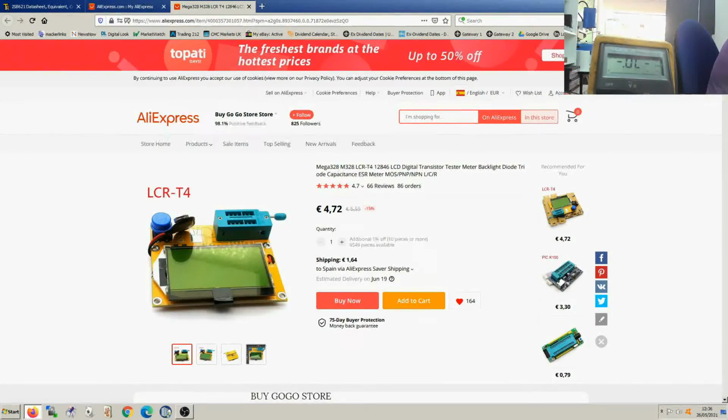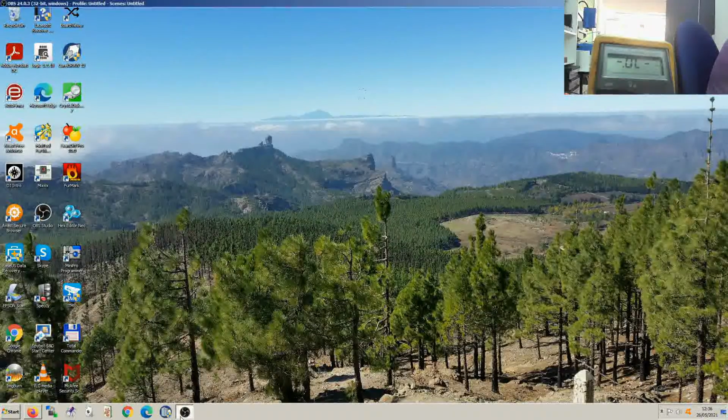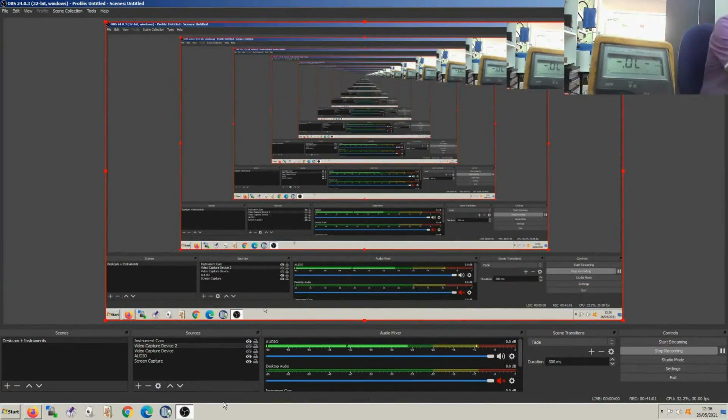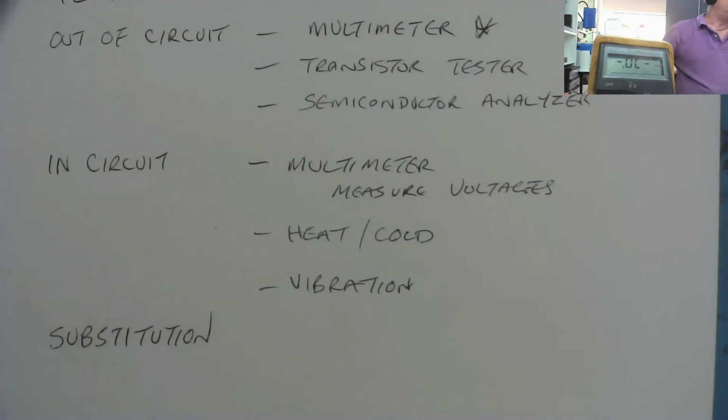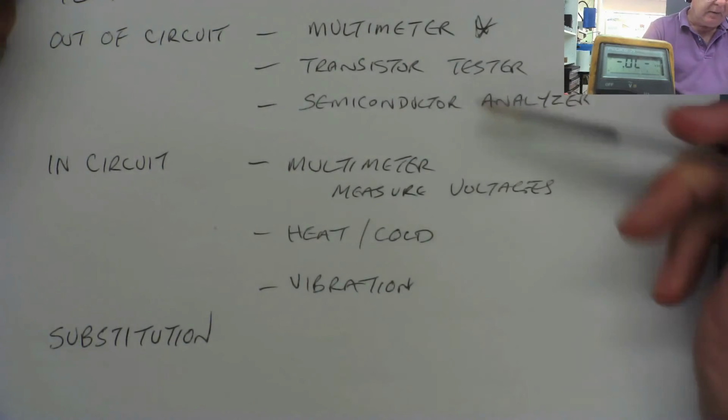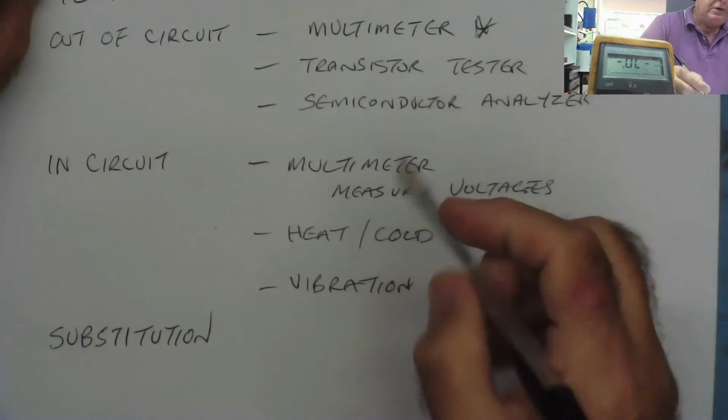So we've looked at how to test transistors out of circuit. What we really need to do now is have a look to see how to test transistors in circuit. So let's start with another piece of paper. I mentioned you can test transistors in circuit using a multimeter.